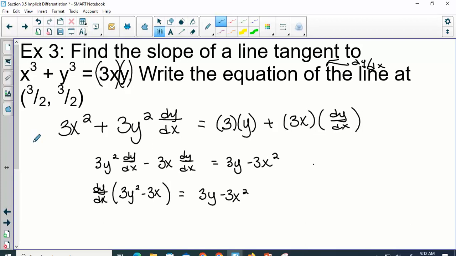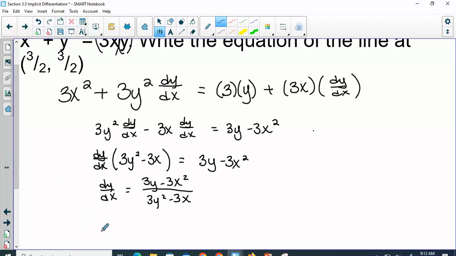Now what would we do? Divide it. Yeah, it's multiplied by the dy/dx, so we can divide it over. Is there anything we can do to reduce?